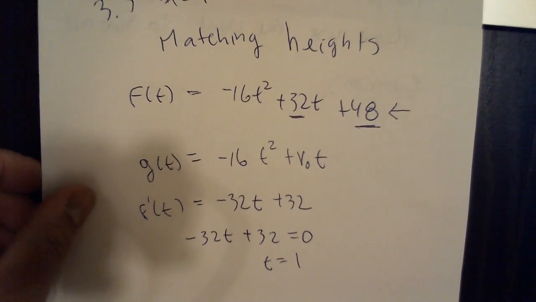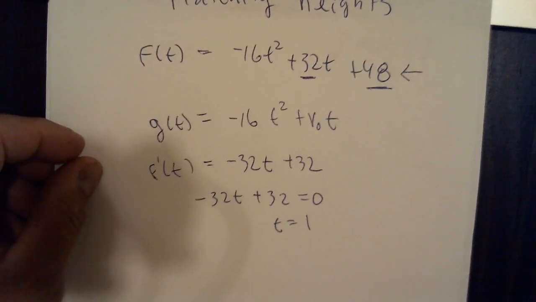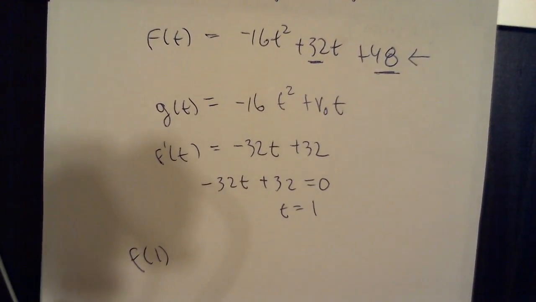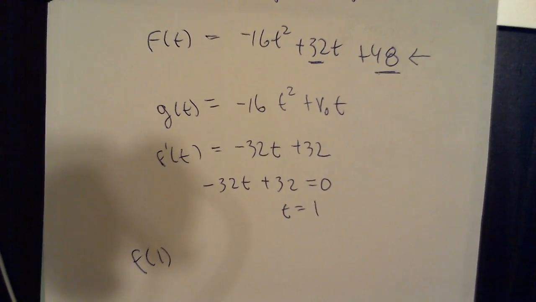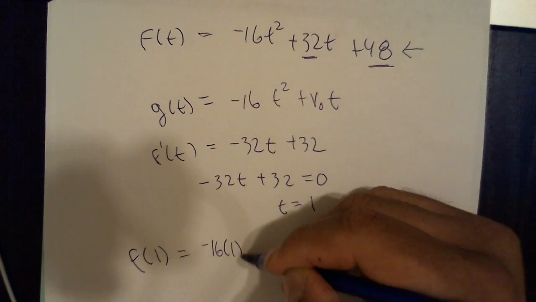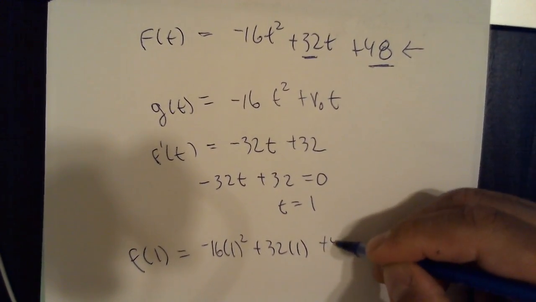Knowing that at that time I have the maximum height, to find the actual maximum height I'll plug that into my original function, which is the displacement function. Negative 16 times 1 plus 32 times 1 plus 48.